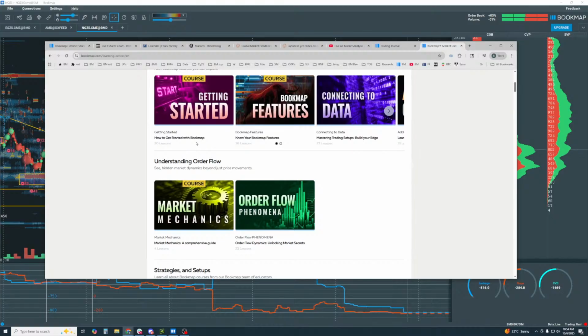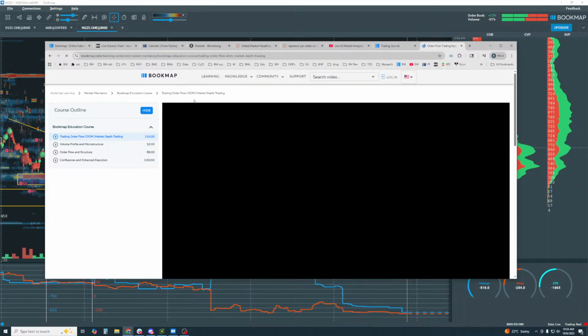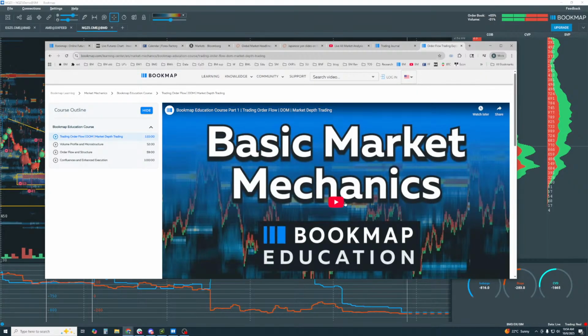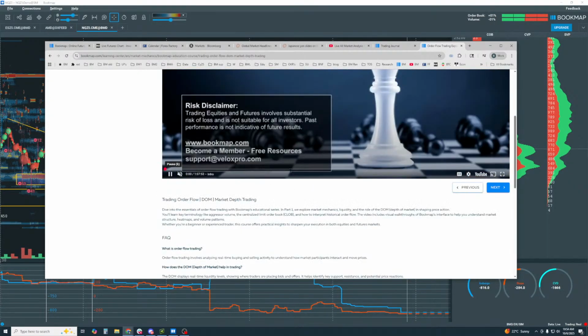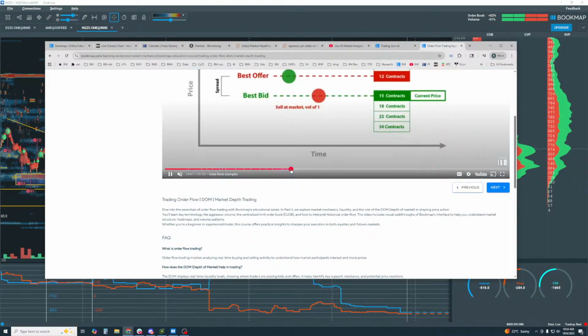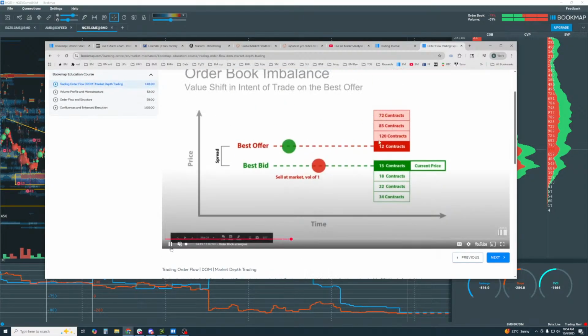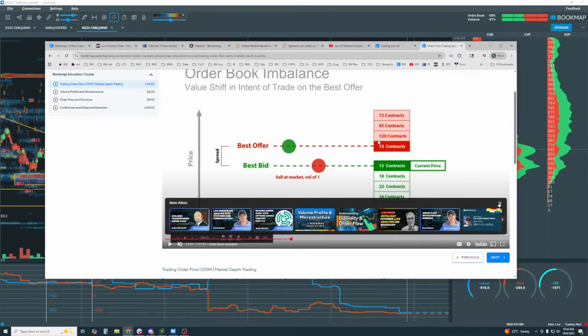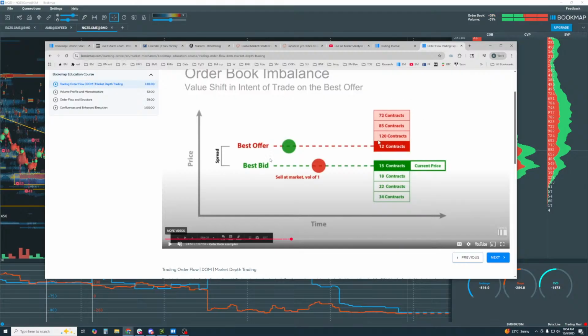Now, understanding order flow is the next step, and I would really highly recommend that you check out the basic market mechanics course here, and understand really what's happening in the market, and how Bookmap displays this. It's really important to understand this.